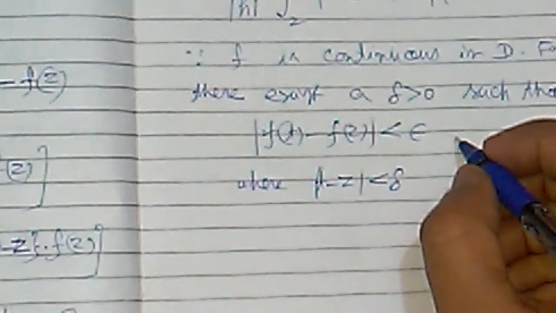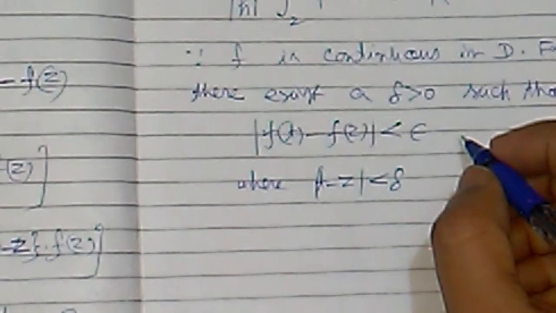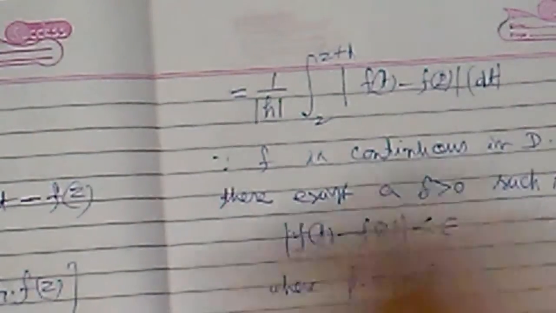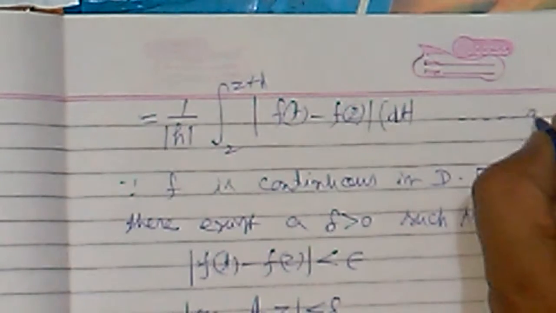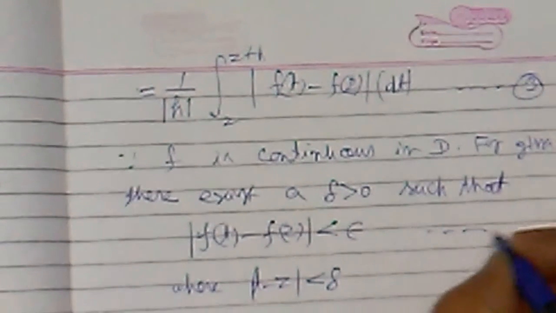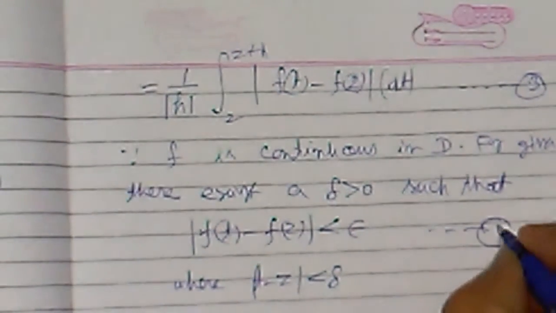We write this as equation 1, 2, and now we write this as equation number 3, and this is equation number 4.